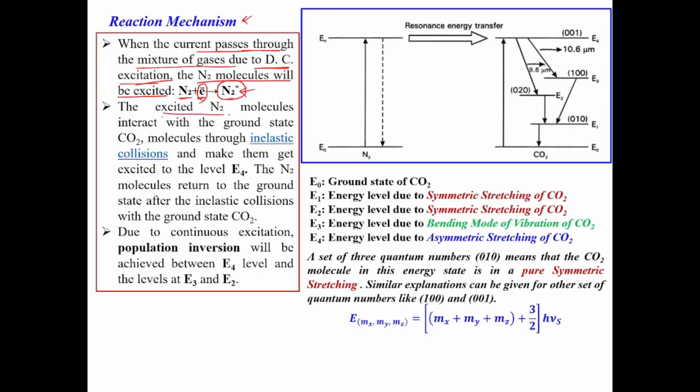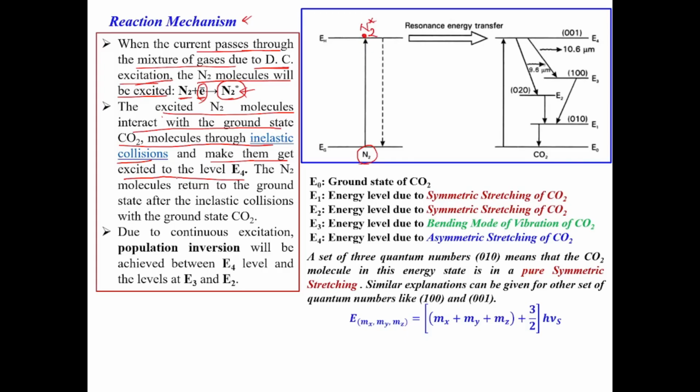The excited nitrogen molecules interact with the ground state carbon dioxide molecules through inelastic collision and make them excited to the level E4. So this N2 is first excited by capturing the electron to this state. This is nothing but N2 star.